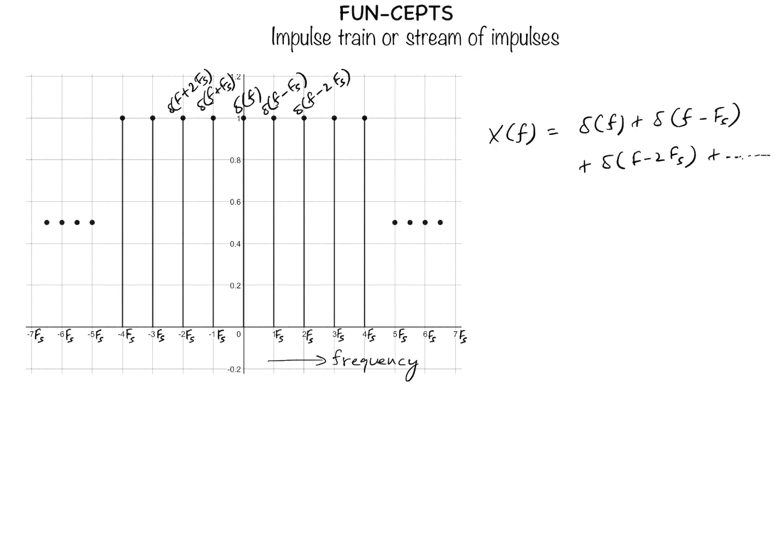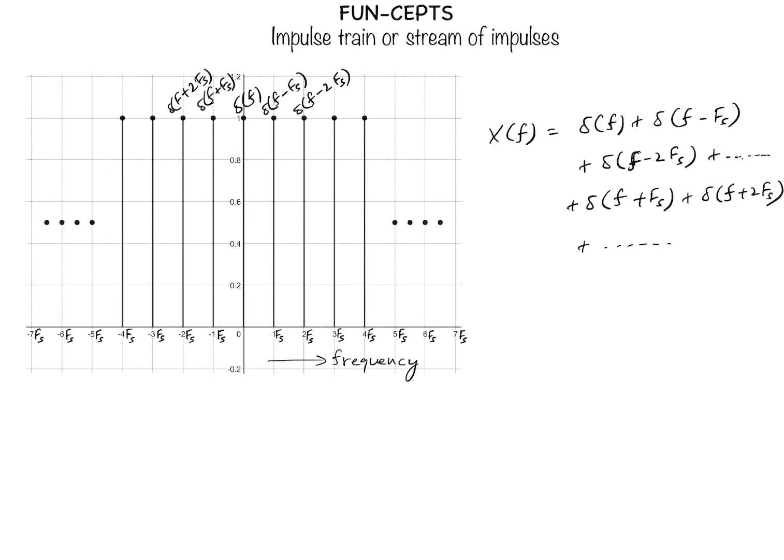Similarly, the left shifted versions would be delta of f plus fs, delta of f plus 2 fs, delta of f plus 3 fs, and so on.